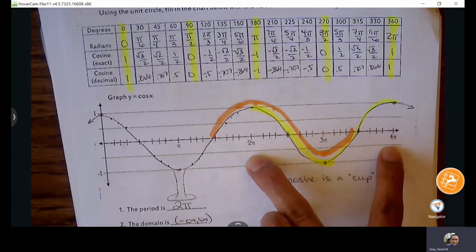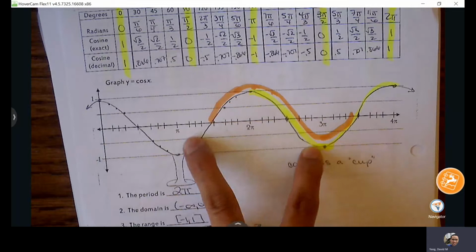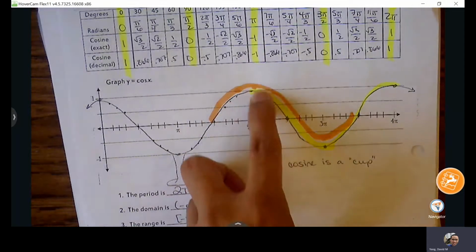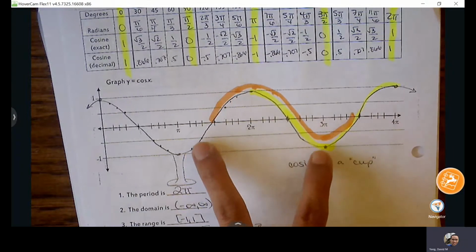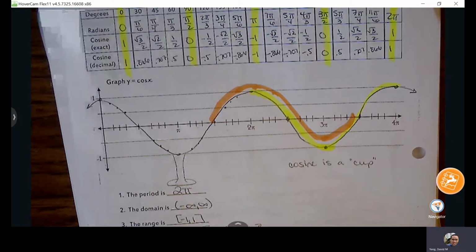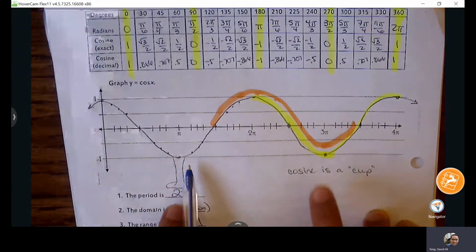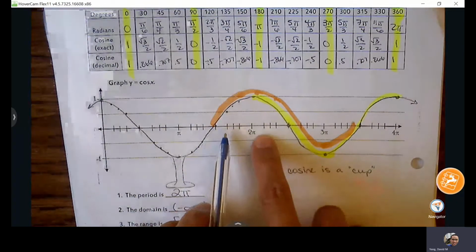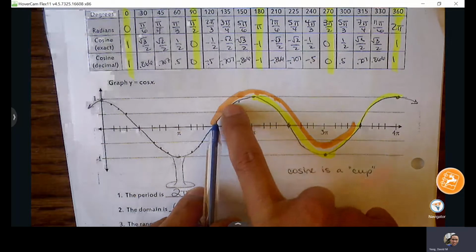I wanted to highlight that because I also wanted to show this similarity, but also distinction with the sine graph. And sine graph, I have it in orange. So what would you say that relationship is between sine and cosine? They follow the same path, basically, right? But we can see that the cosine has a delayed start, right?